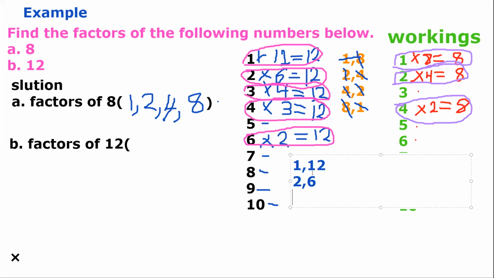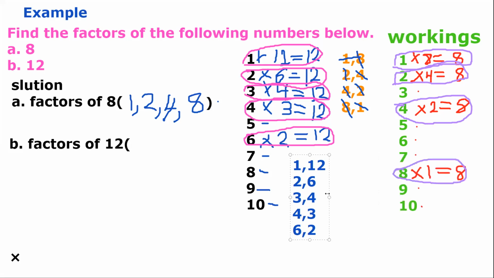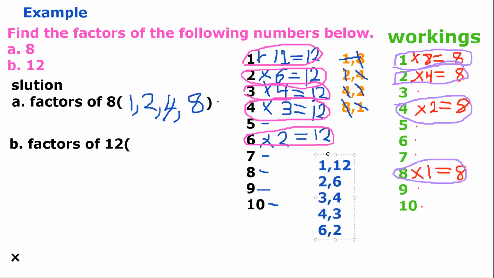Then 3 and 4 also give us 12. Then 4 and 3 also give us 12. Then 6 and 2 also give us 12. So these are the numbers that gave us 12, okay?